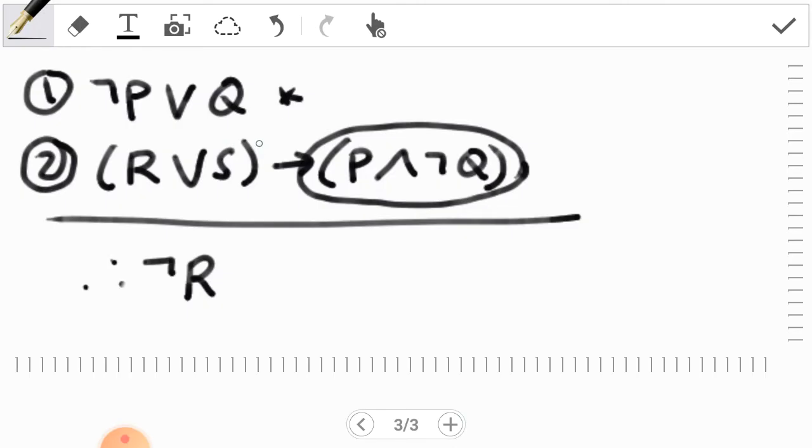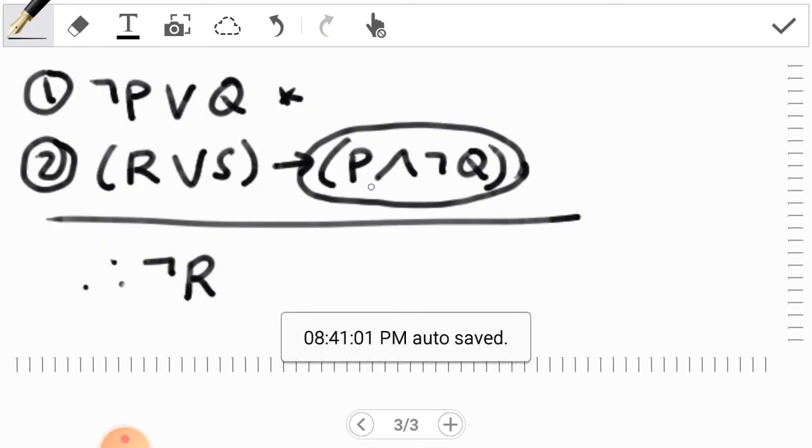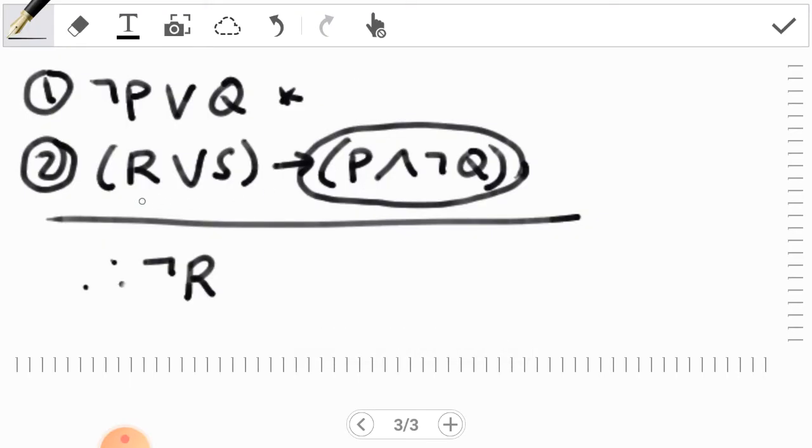Your modus tollens states that P, so this entire thing here will be considered as your P. P implies Q. The second premise must be not Q, so that you get the conclusion of the negation of the first premise. Did you see that? So modus tollens again. P implies Q. The second premise must be not Q, so that your conclusion is not P.